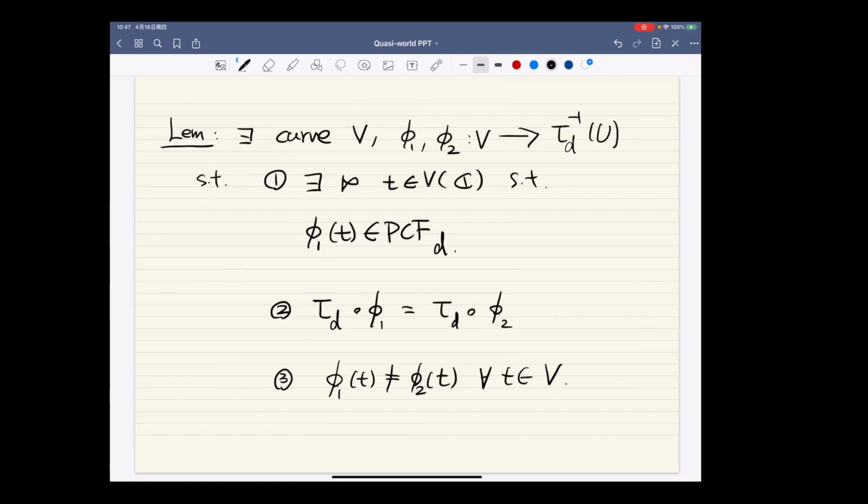Second, if we compose by tau d, this tau d phi1 and tau d phi2 are the same. And third, for every t, this phi1t and phi2t are not the same.